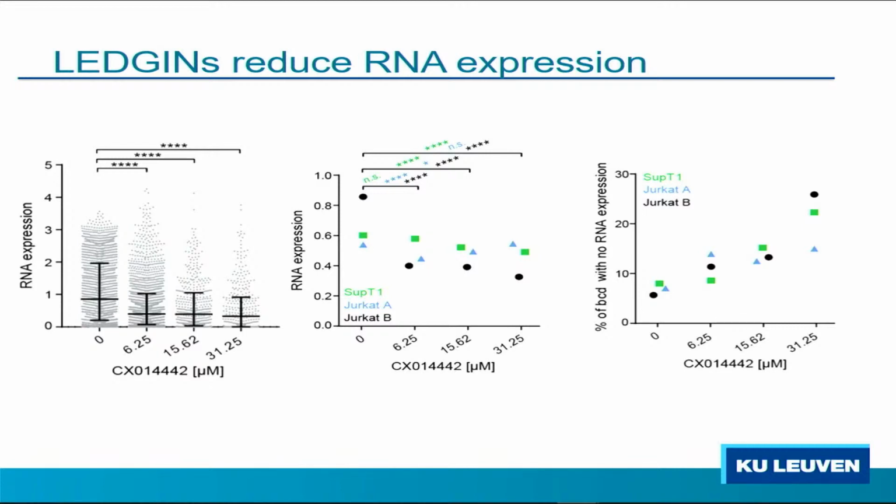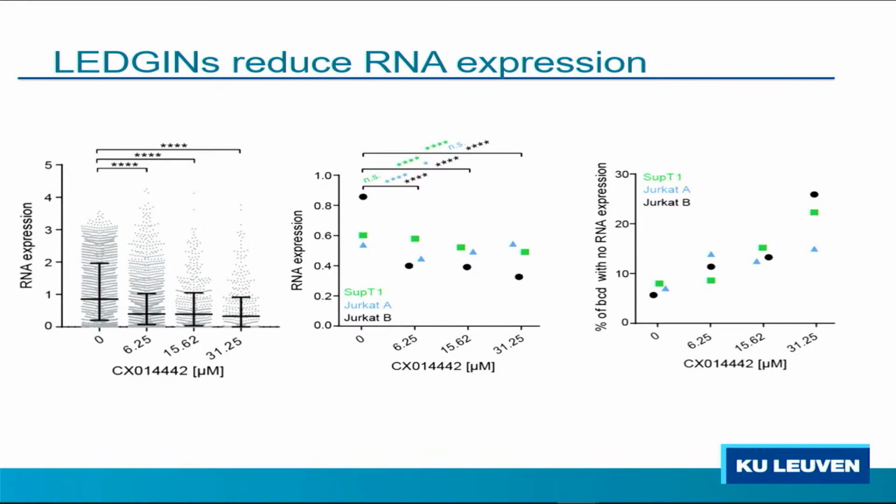We show the RNA expression for each barcode. Each dot is a barcode, so it's a provirus at a specific site in the genome. And so we see that increasing concentrations of ledgins reduce the overall mRNA transcription level. This is for viruses that integrated, because otherwise we would not have a barcode. So it's not due to the lack of integration, that's controlled for.